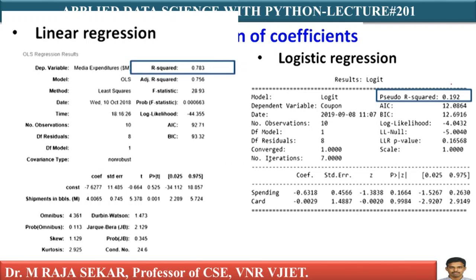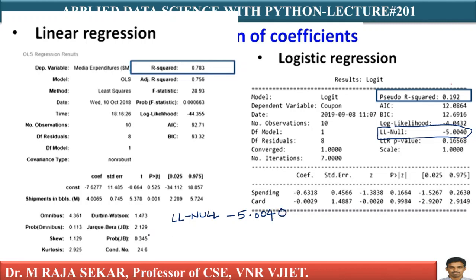Here is LL null. What is my LL null? Let me write it here otherwise. LL null, that is, when there is no independent variable, the corresponding value of likelihood is minus 5.0040.